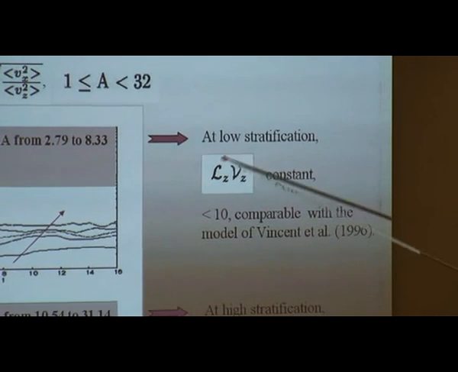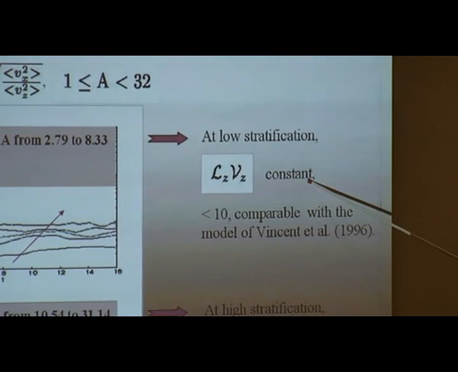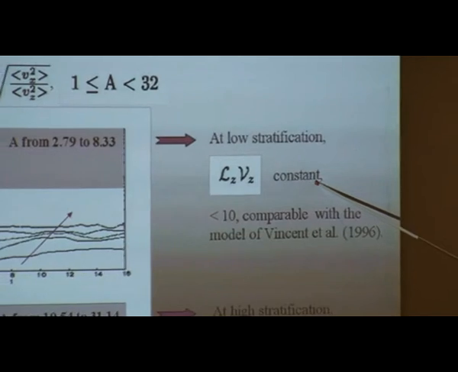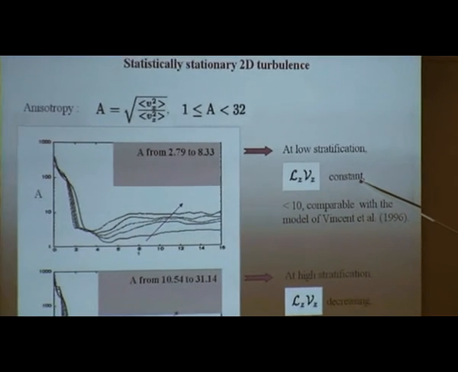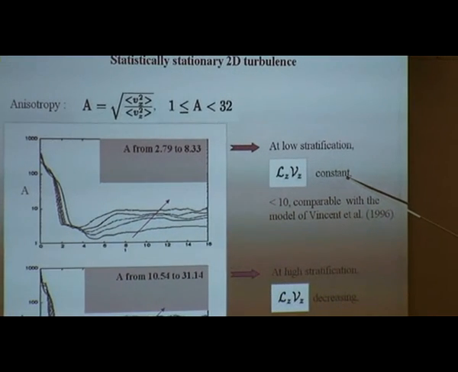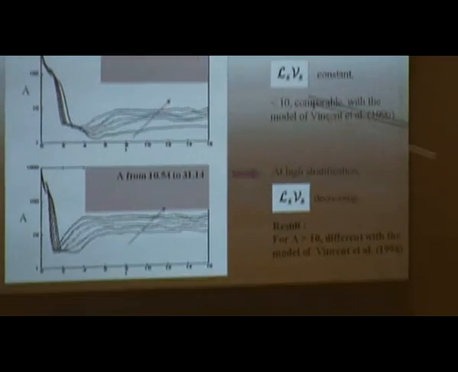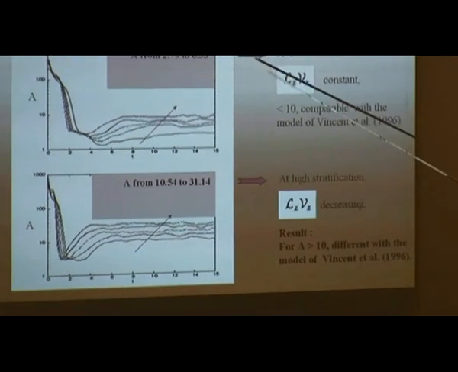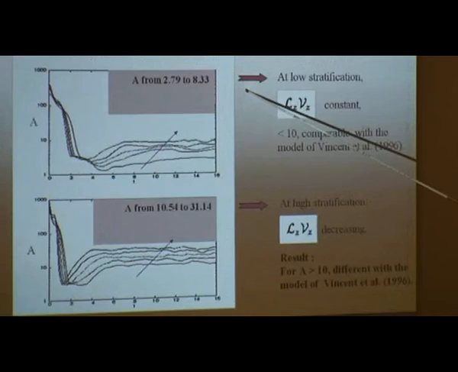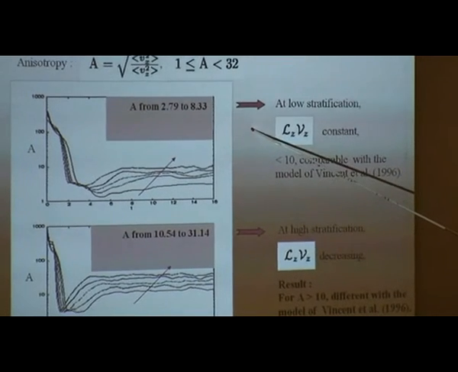We find that this product stays constant, which is what the flow of Vincent et al. mainly imposed, because the Kolmogorov spectrum was fixed and they just varied the coefficient of the equation. Normally Vincent et al. are able to go up to anisotropy of 100.